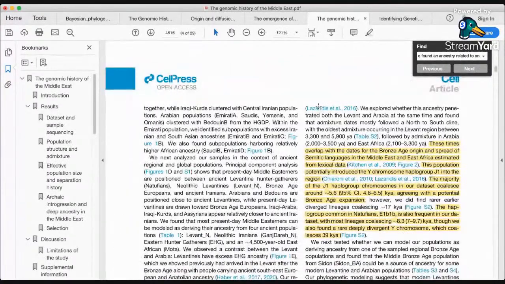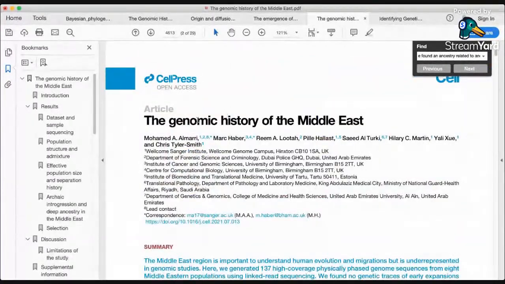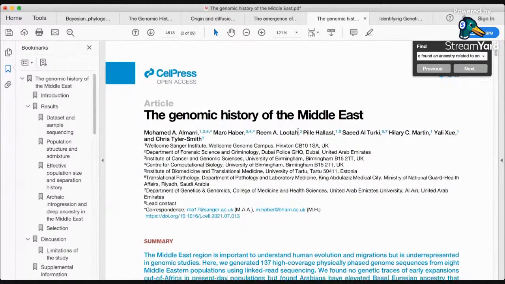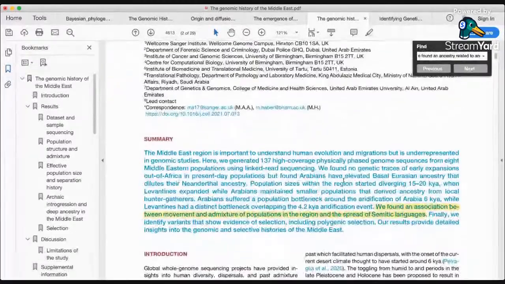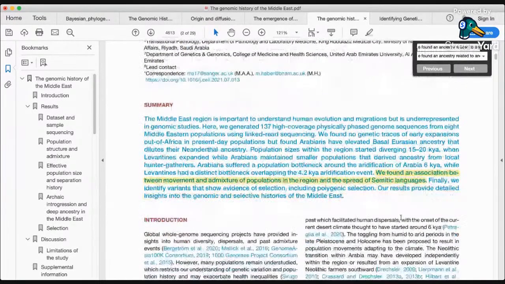All right, what's this article? The Genomic History of the Middle East. We found an association between movement and admixture of populations in the region and the spread of Semitic languages.